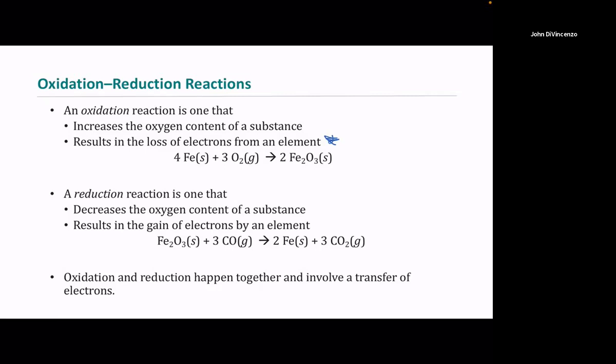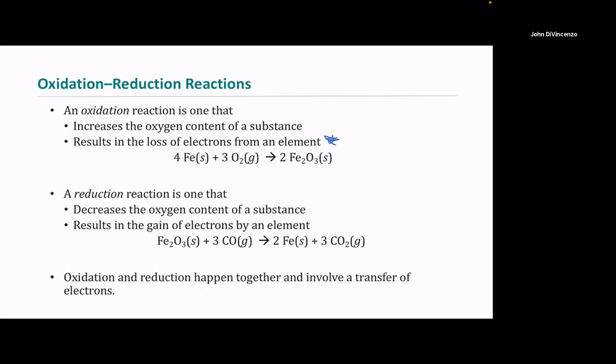Well, let's think about iron and oxygen. How do you know? Because the oxidation number on the left is 0, and then it goes to negative. It was -2, so that would be +2.